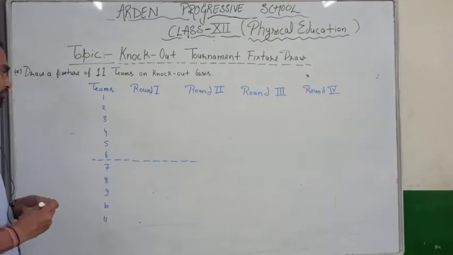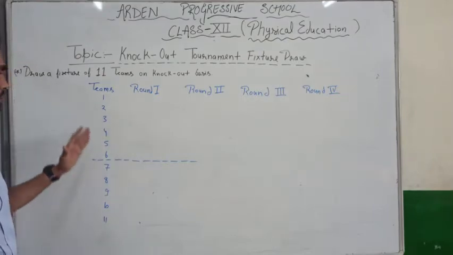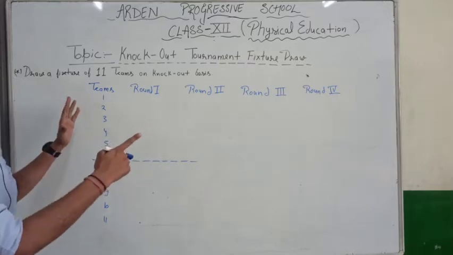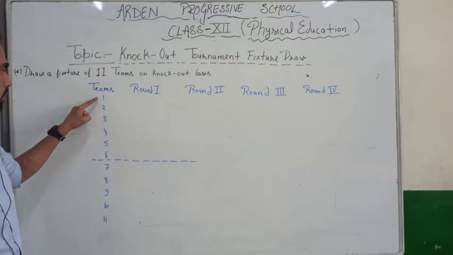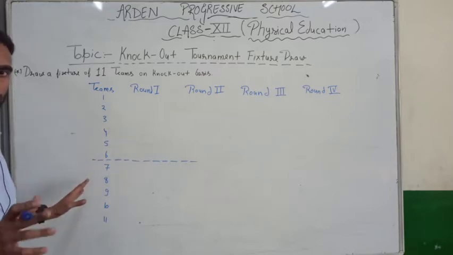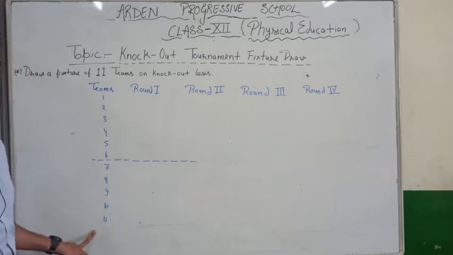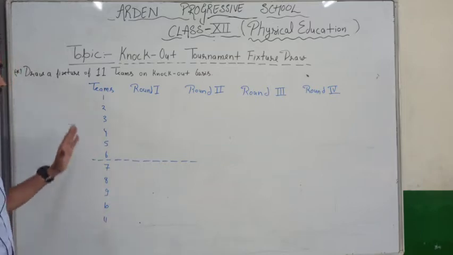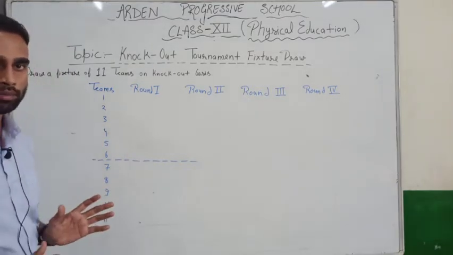In the upper half there are 6 teams: 1, 2, 3, 4, 5, 6. In the lower half the total number of teams is 5: 1, 2, 3, 4, 5. This is the way to divide all the teams into upper half and lower half.